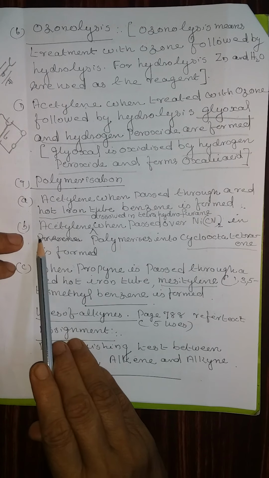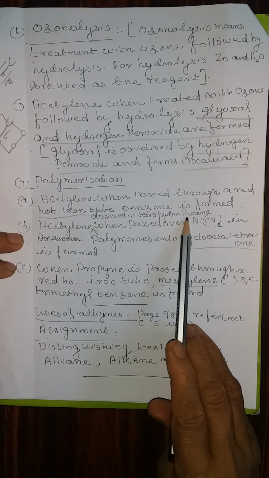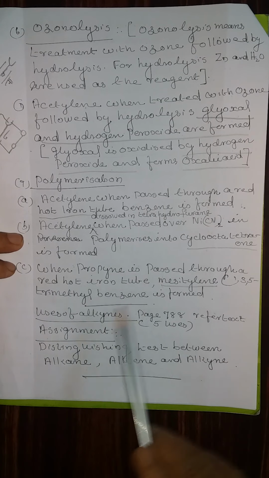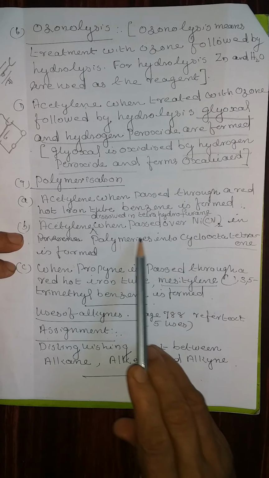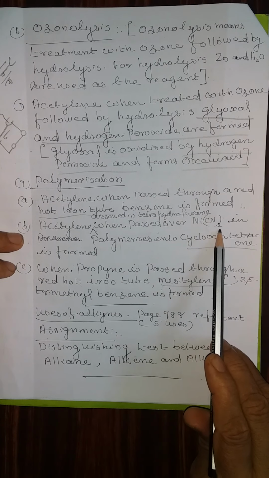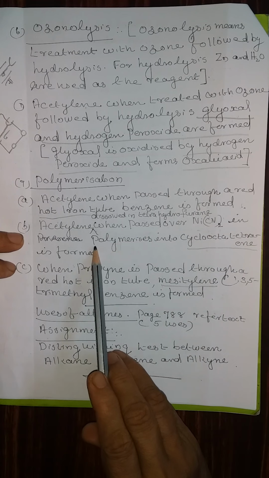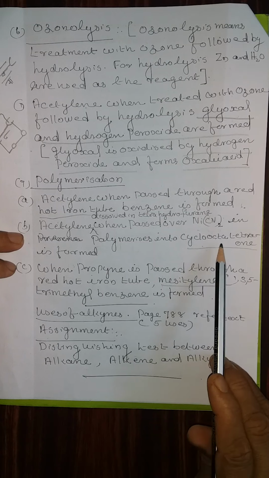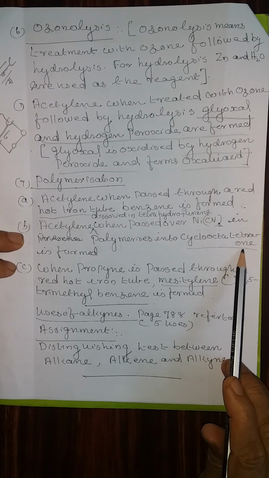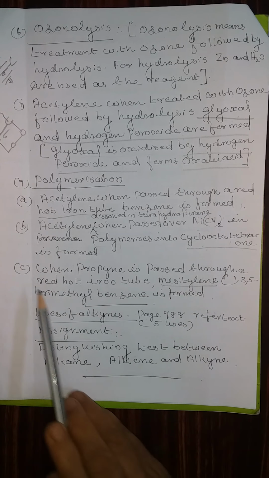Second equation, acetylene dissolved in tetrahydrofuran. Below acetylene formula, write tetrahydrofuran. When passed over nickel cyanide, write above the arrow. It undergoes polymerization and forms cyclooctatetraene. Write the structural formula which is given in the chemical formula list.